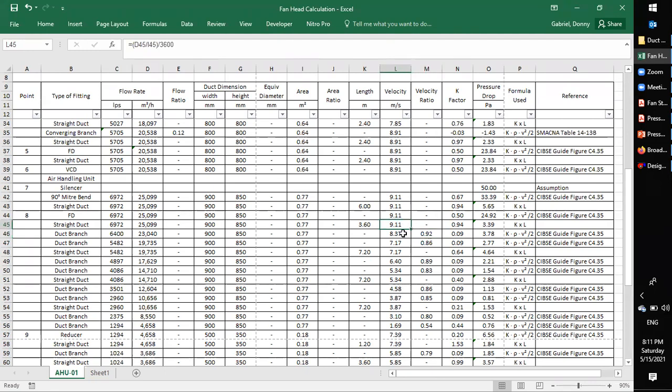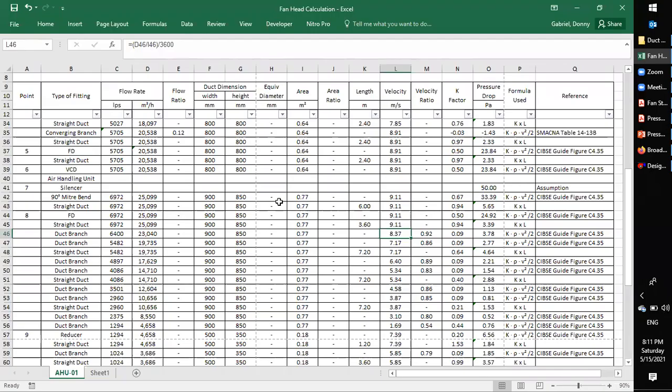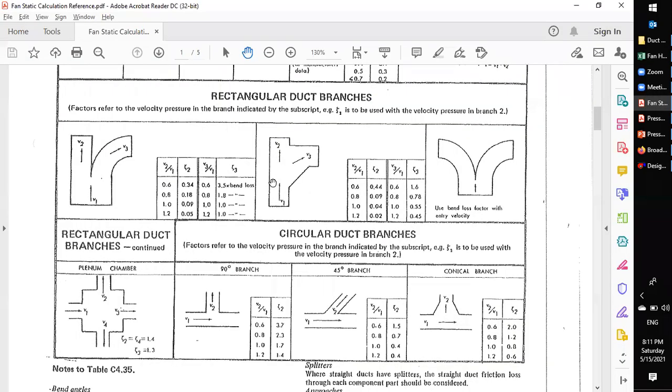The velocity of our duct, previous velocity to new velocity, is 0.92. At 0.92, it's between here and here. We will use this one because we are looking from here to here. We are not considering this portion; we are considering this portion. So B1 to B2, 0.9 here, 0.4.